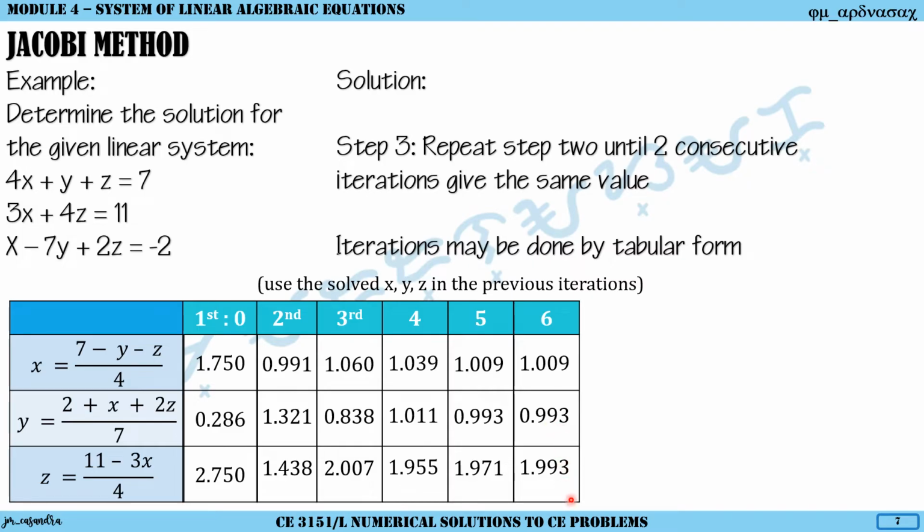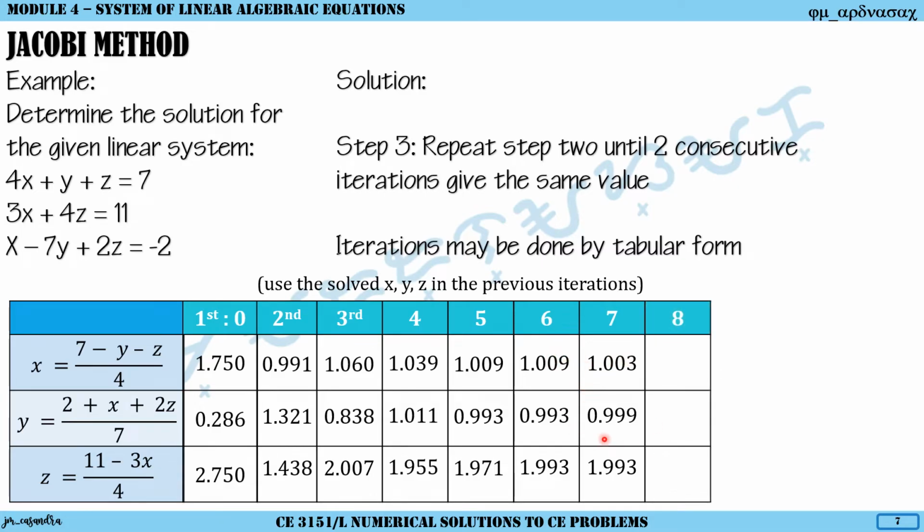Can we stop now? Not yet, since z are not the same. So we move again to iteration 7. So using iteration 6 for x, y, and z, x now is 1.003, y 0.999, z 1.993. Now z is the same for 6 and 7, but x and y for 6 and 7 changed.